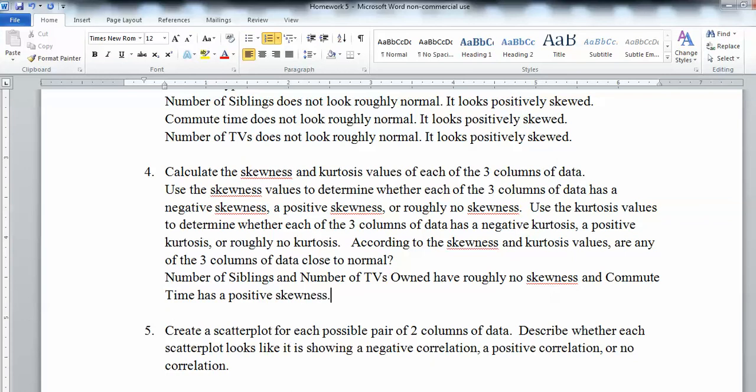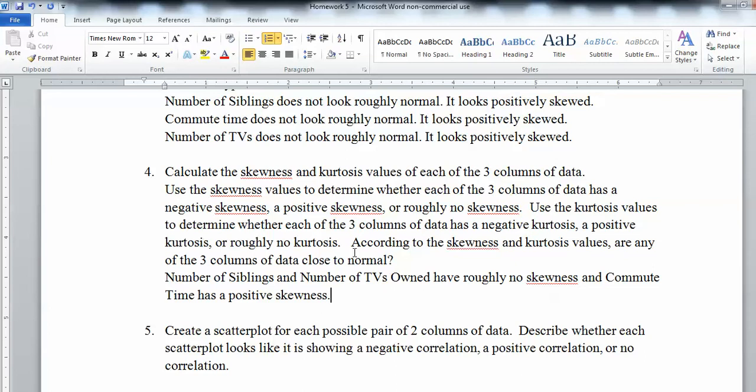The -1 and +1 cutoffs are really just a guideline for deciding if the data has a noticeable type of skewness or if it's roughly no skewness. So I'm using that guideline here, and I'm saying that commute time has a positive skewness.